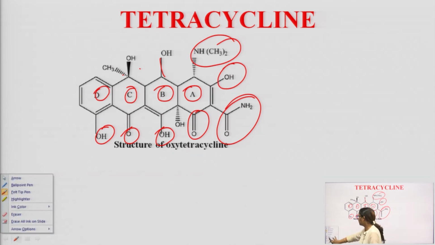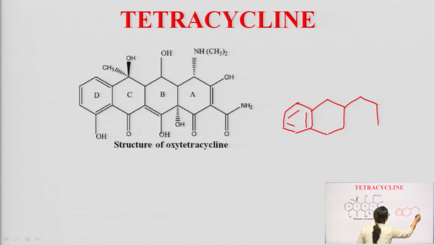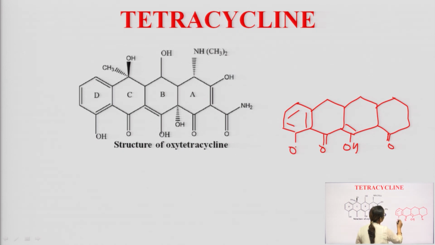Suppose you want to draw the structure of tetracycline. A very tricky way of writing it is, you know that it has a benzene ring. You can draw this here, then put a double bond in the B ring. Then starting from here, put a double bond O, alternate OH, double bond O, OH.